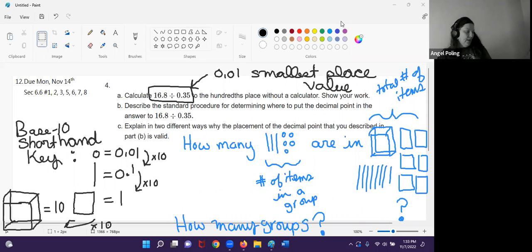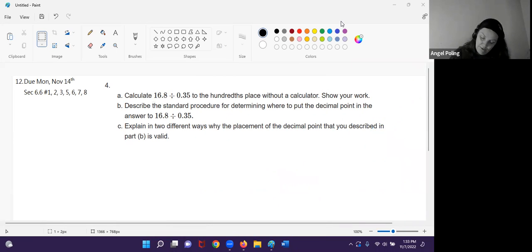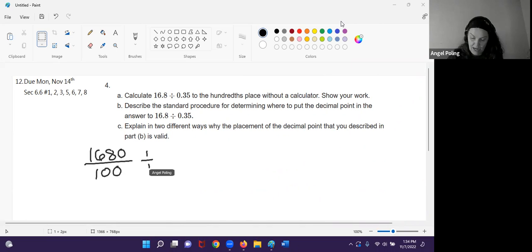And so what I'm trying to get you to kind of picture is then the argument where we were at before when we talked about 1680 hundredths being the same as our 16.8.